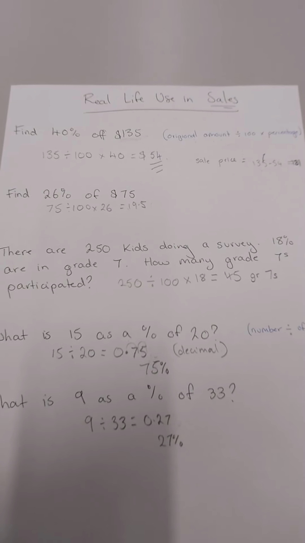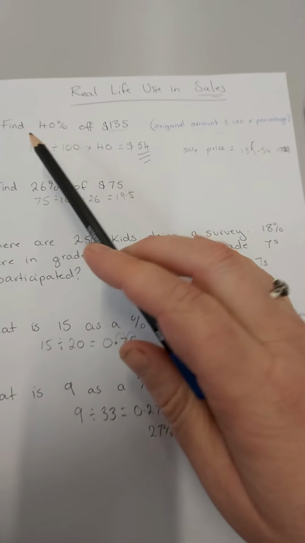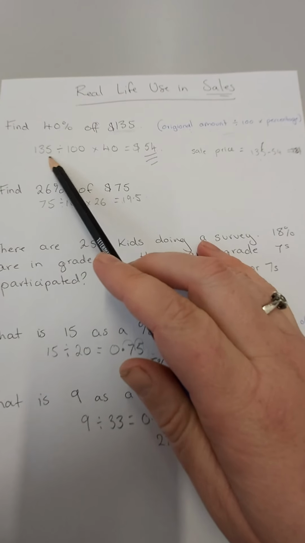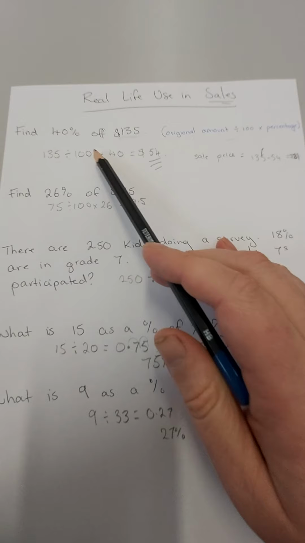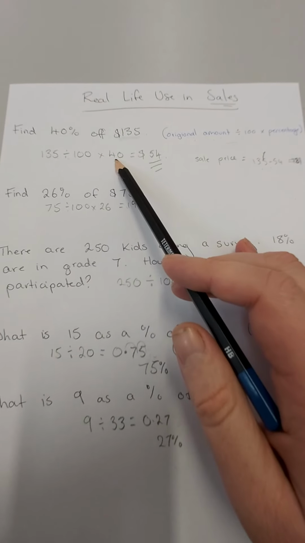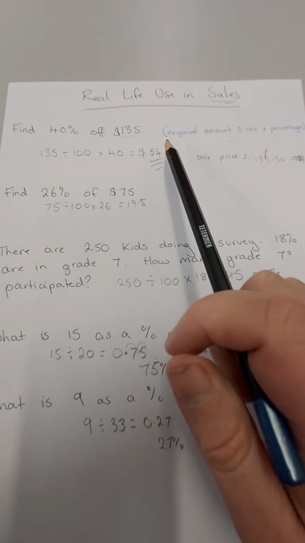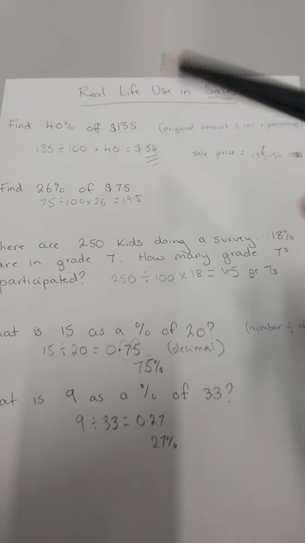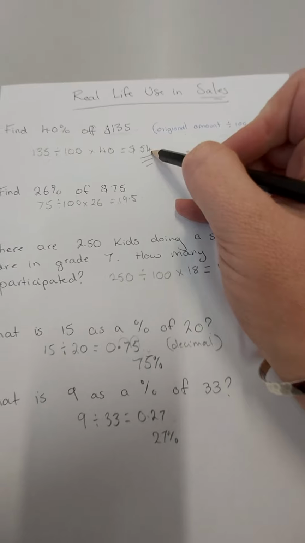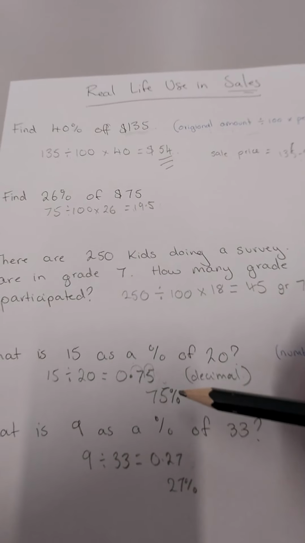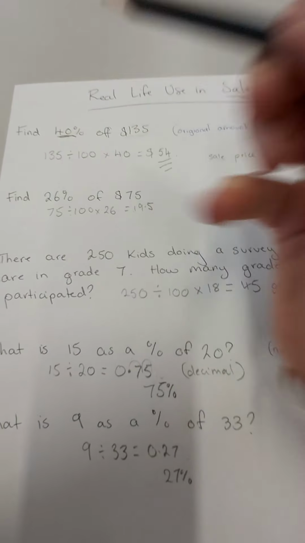So the first thing I'm going to do is use that formula, which was the original amount, 135 divided by 100 times the percentage, okay? Do that in your calculator and you should end up with 54, okay? Now this $54, that's not the cost of the jeans. That's 40%.